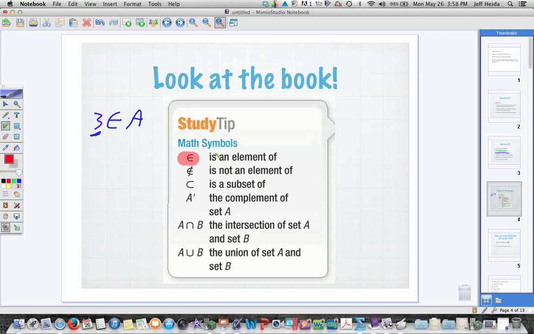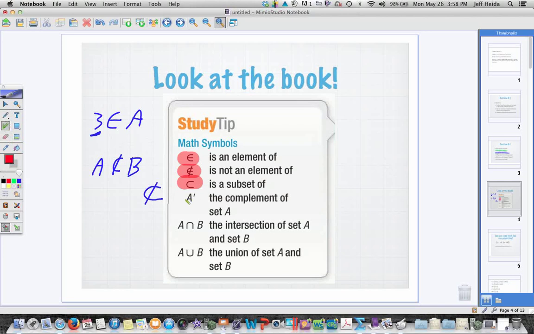The second point, you put a line through something and it's "not an element of." Then you have "is a subset of." You can also have "not a subset," so the book will use on occasion the subset form and put a not through it. So you might have something like set A is not a subset of set B, something like that.